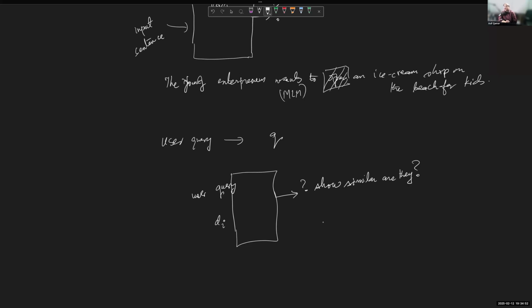Or how relevant is this document to the user query? Similar or relevant? So it will produce a number between 0 and 1, a relevance score.